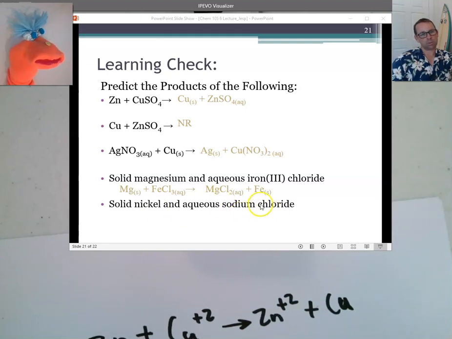What about sodium? Do we know about it? It's very active. That's right. We saw that as a metal, it blows up. So if we mixed solid nickel with sodium chloride, what are we asking it to do? Are we asking the nickel to give up electrons to sodium? Yeah. That's right.